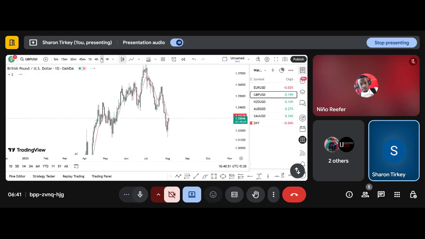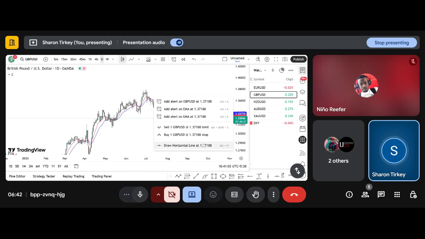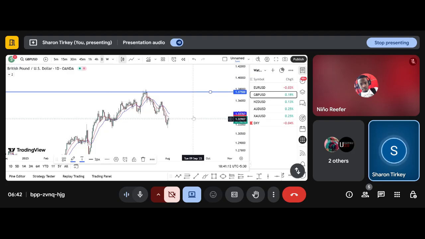Here again, the first thing is you need to understand about the support and resistance. It is very important. I already told you. Here you see horizontal support and resistance drawn at this level.